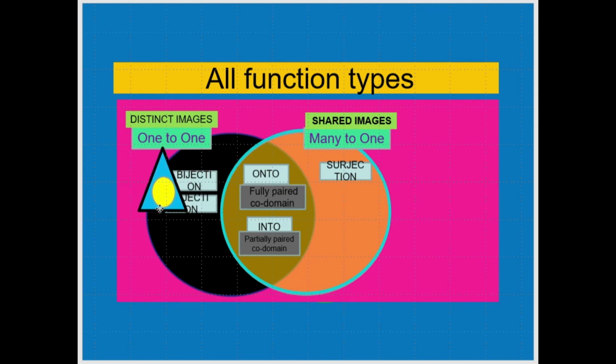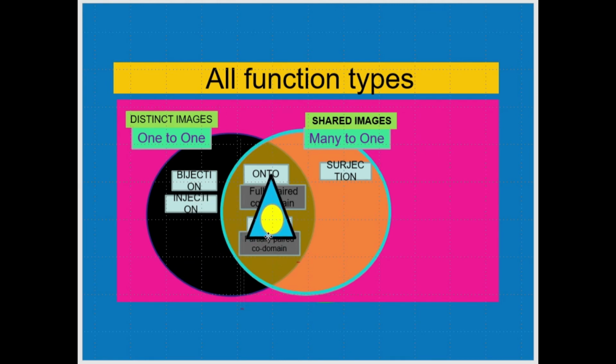category changed. There are two categories, 1 to 1 type of functions, then many to 1 type of functions. Here distinct images to each element in domain. Here shared images. Two or more elements in domain share the same image in codomain. So in distinct images category, that is 1 to 1 function, bijection, injection.